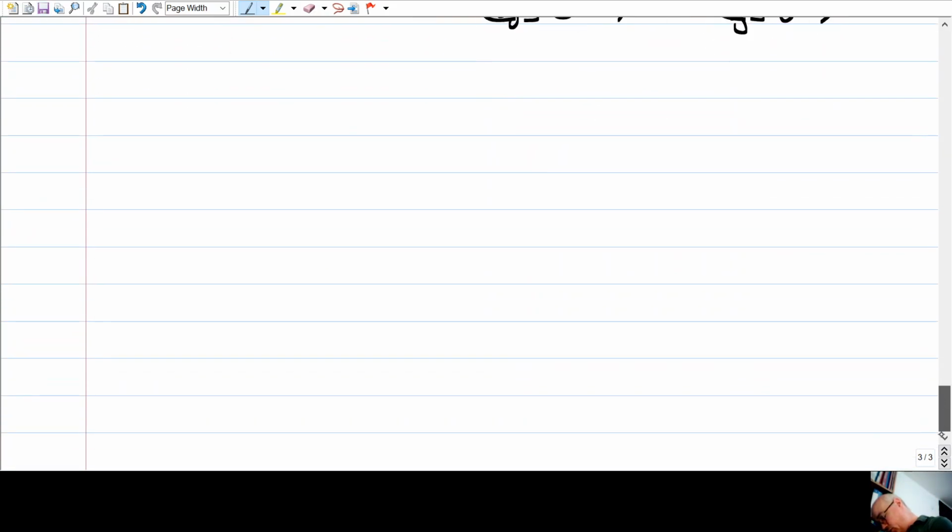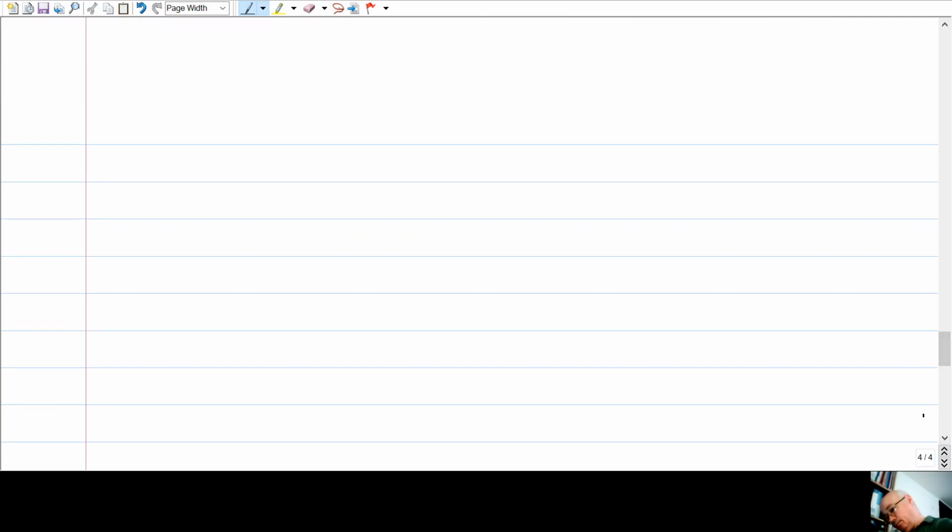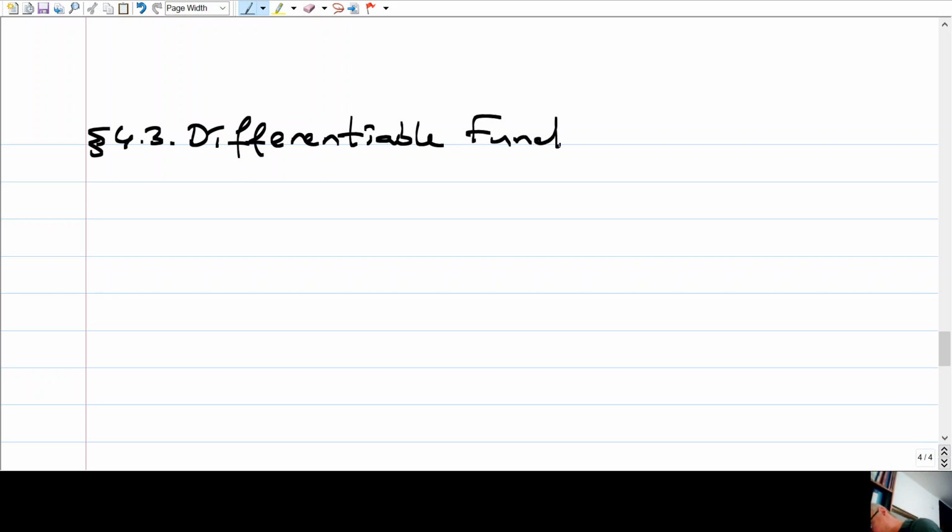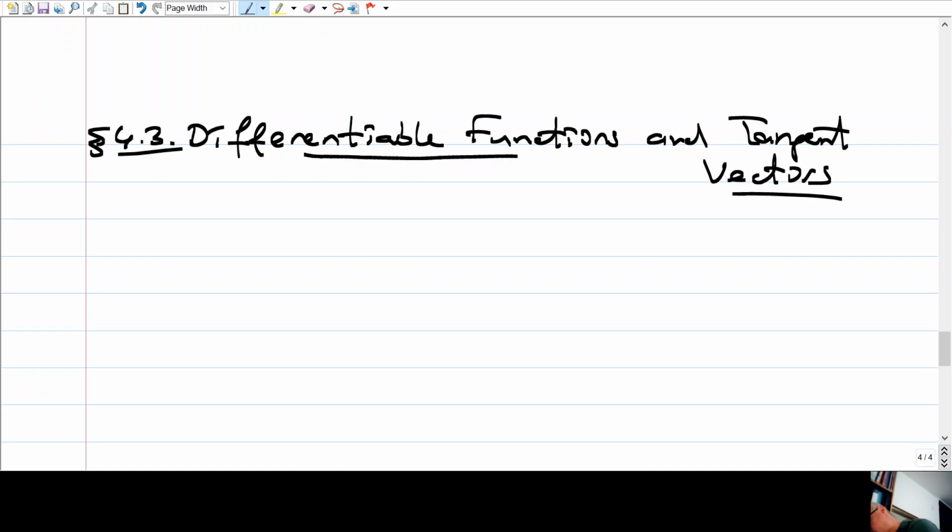Now we will pass to the next section. Section 4.3, differentiable functions and tangent vectors. So let's see. I'll start with the lemma.